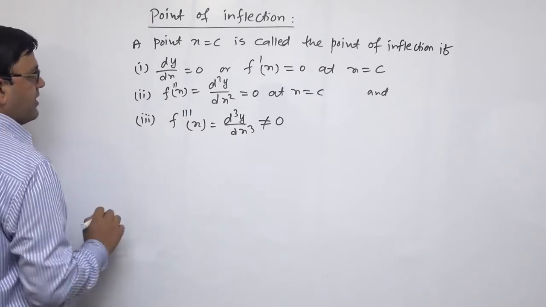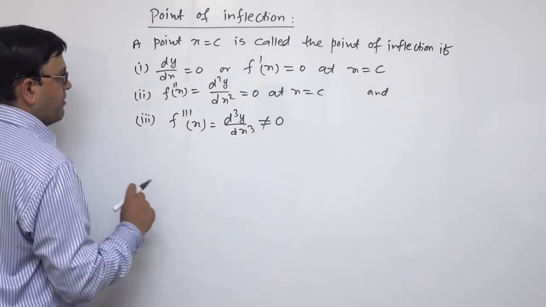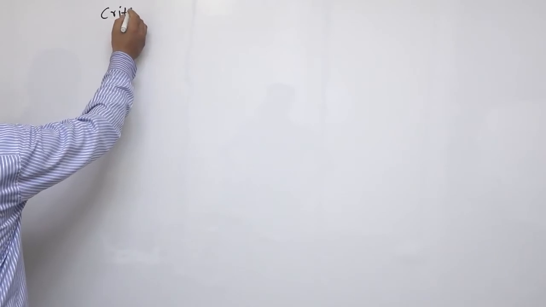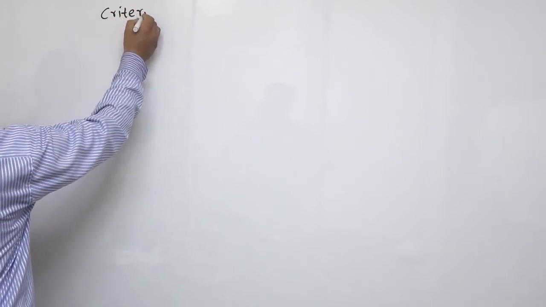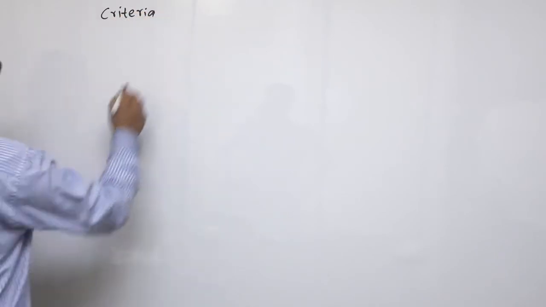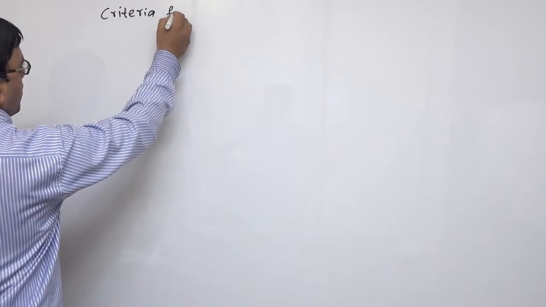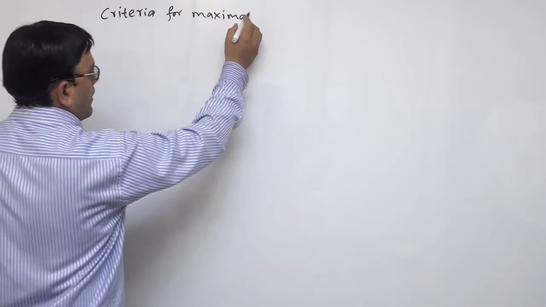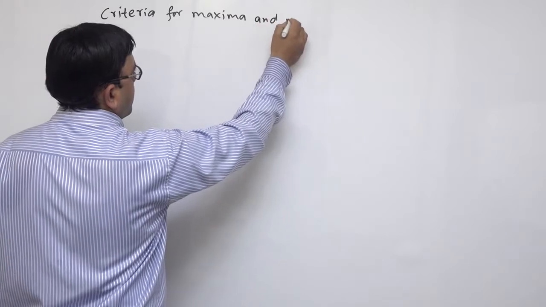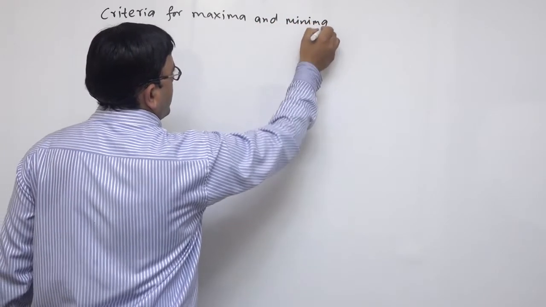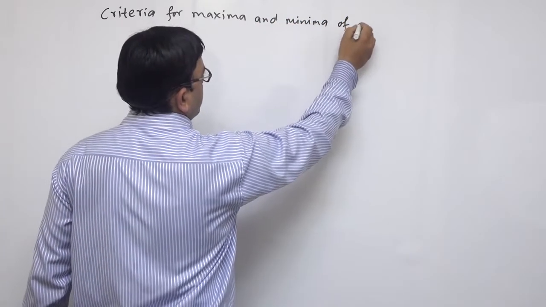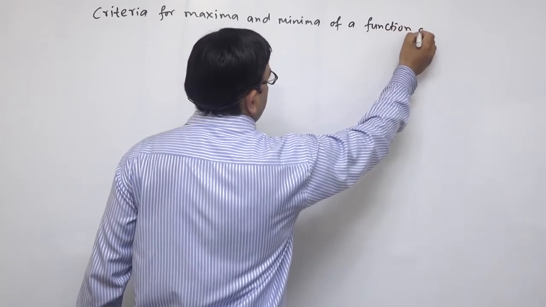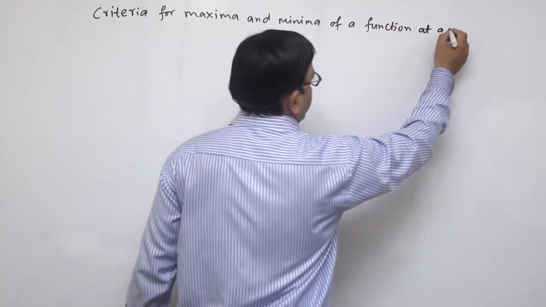अब हामी criteria for maxima and minima को बारेमा चर्चा गर्दै छौं. Criteria for maxima and minima of a function at a point.